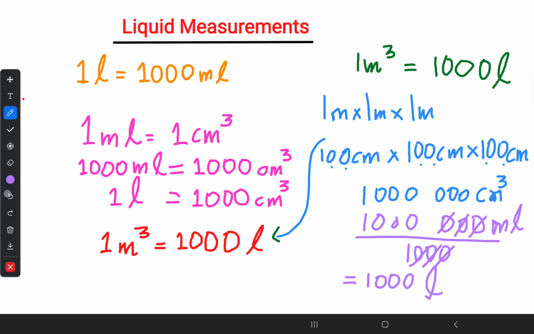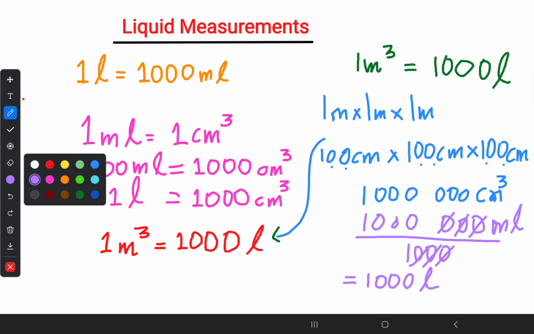You don't need this explanation for the exam, but you should know it. If you know this, that is an additional advantage for your knowledge. Not only to gain marks, you should have some knowledge about these things too. That's why we are doing it like this. So 1 cubic meter equals 1000 liters.